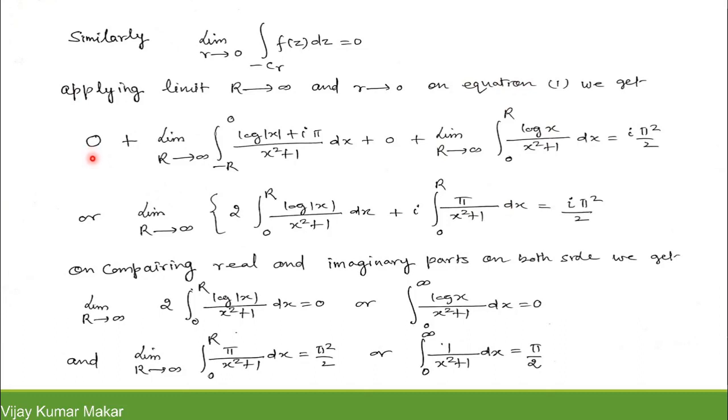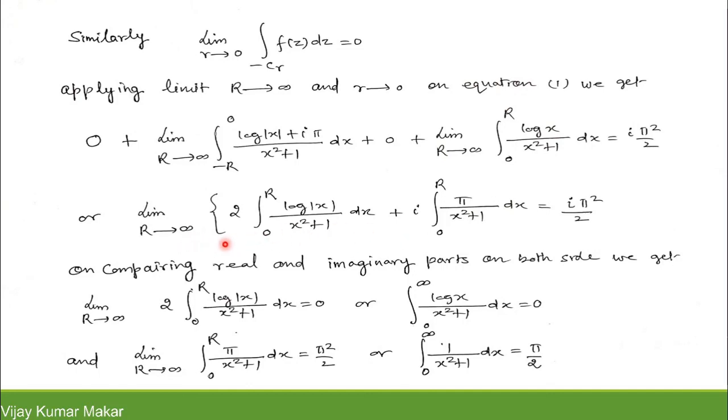The integrations over CR and small c_r of f(z) dz are both 0. When we integrate from minus capital R to minus small r, we use the function log modulus x plus iota pi upon x squared plus 1, and when we integrate from r to capital R, the function is log x upon x squared plus 1, dx, equal to iota pi squared by 2.